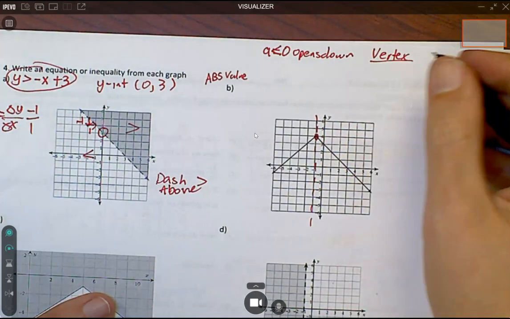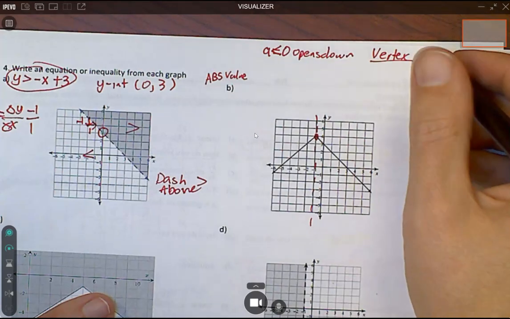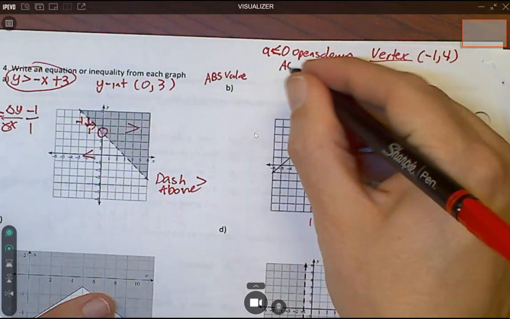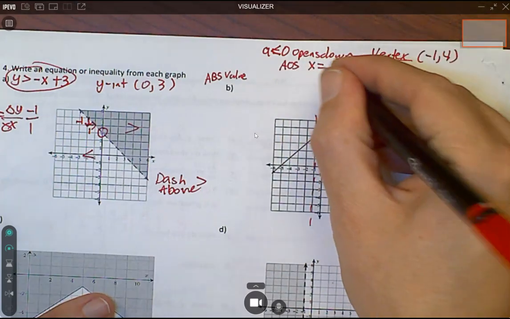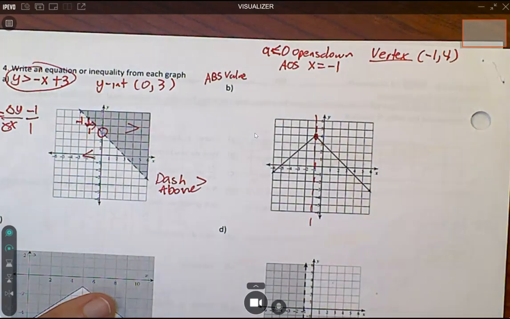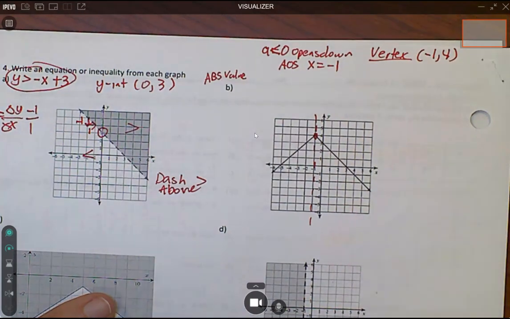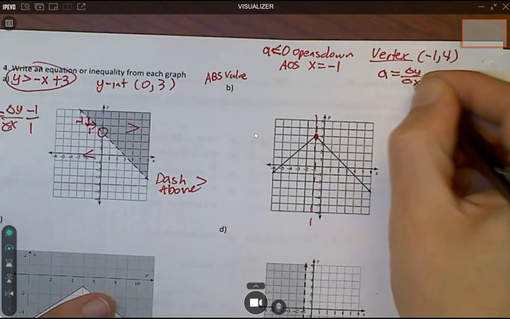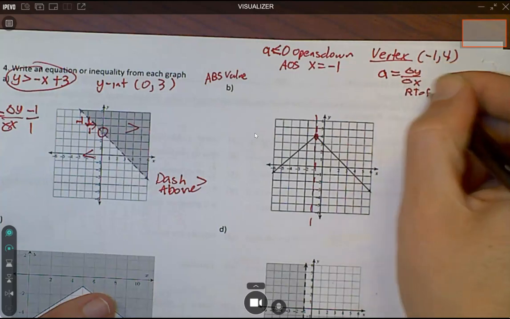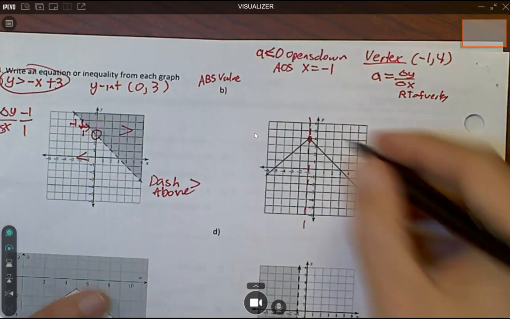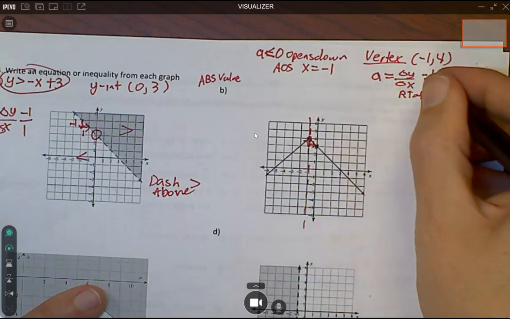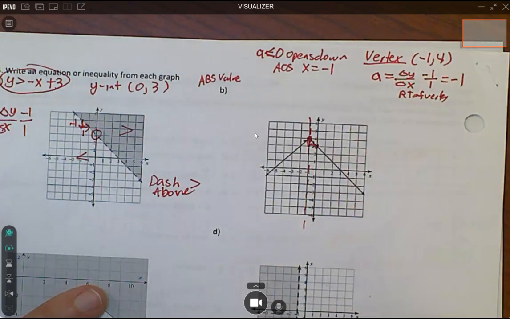The vertex is negative 1, 4. AOS. What else do we need? Okay, we need A. To the right of the vertex, down 1, run 1. A is negative 1. There's no inequality.